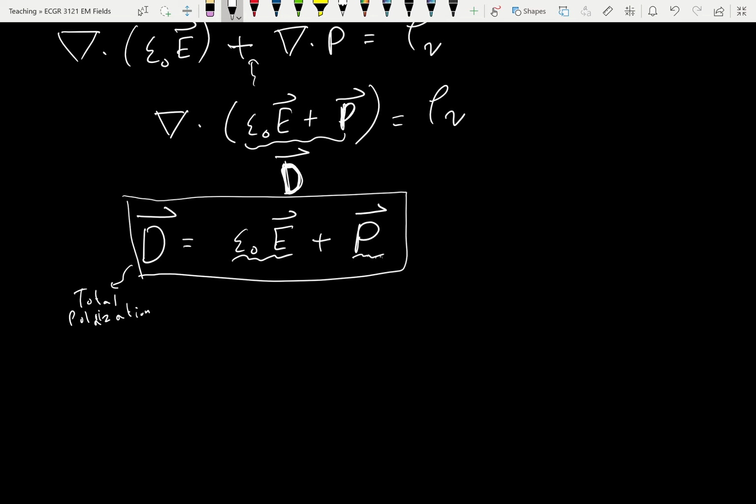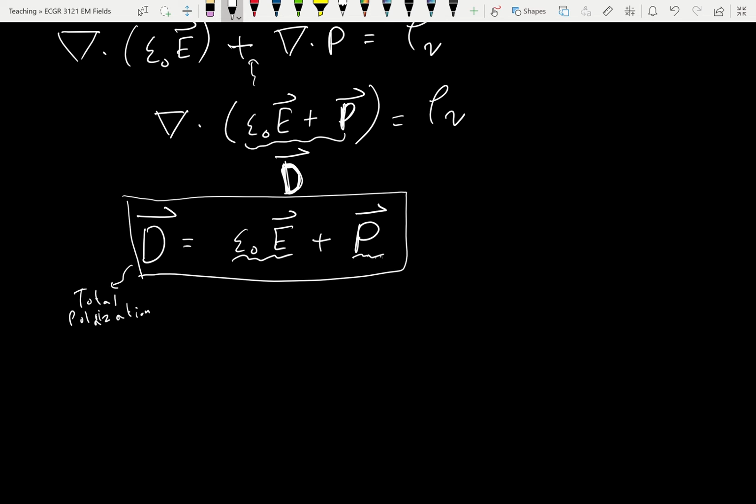So the material has atoms and nucleus with protons and electrons, and those are fixed in space, tied together. They cannot move, but they can stretch and compress and reorient themselves depending on an external electric field.